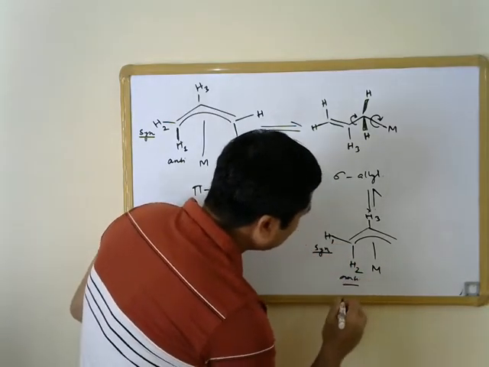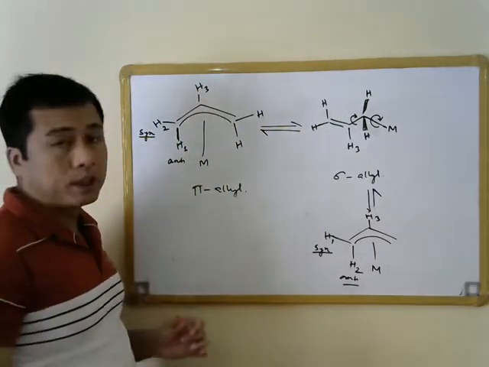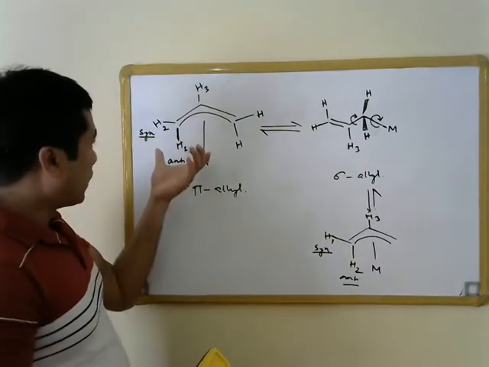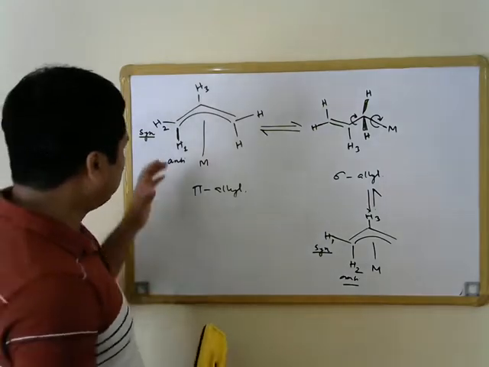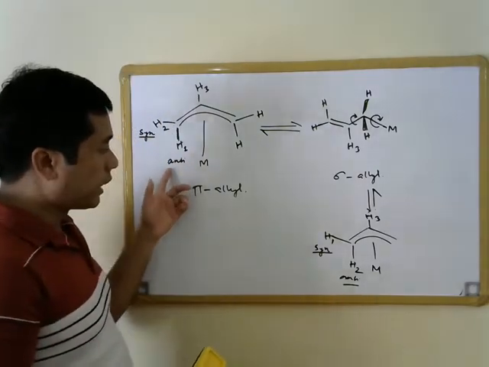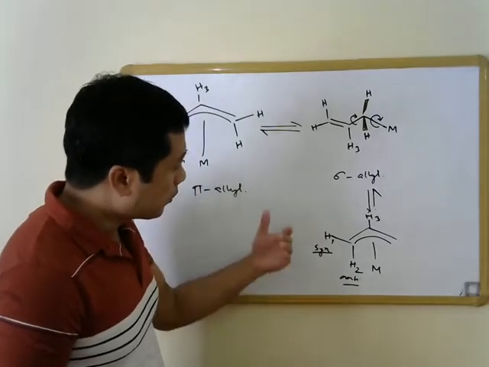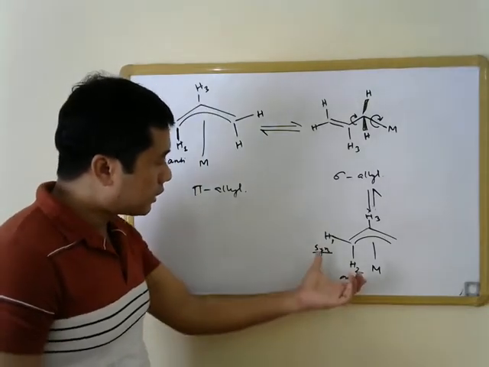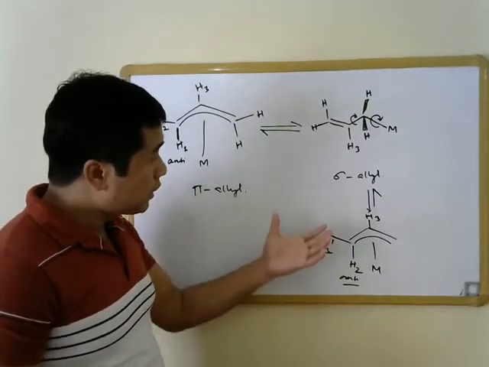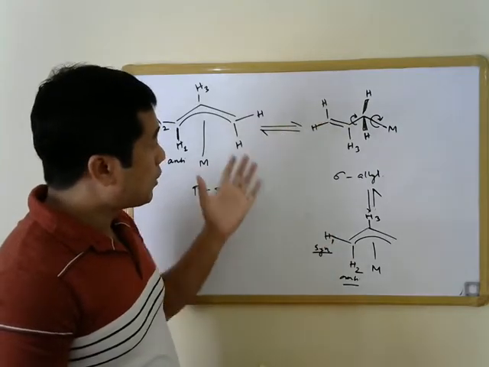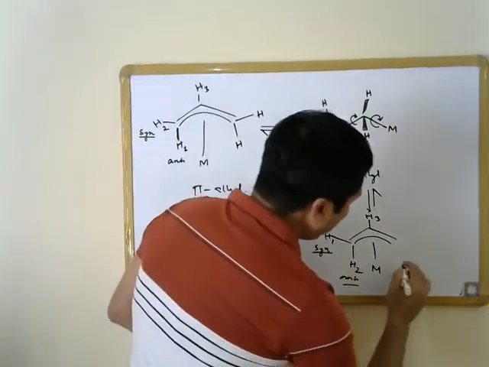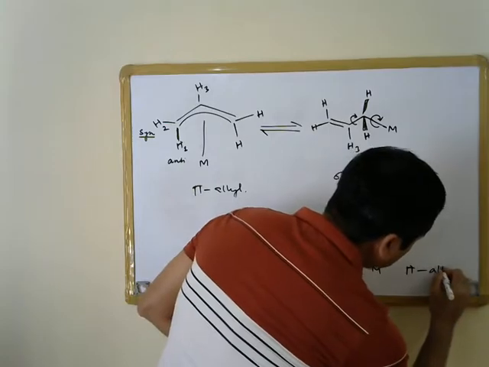This is opposite to what we have seen in the precursor, where H1 was in the anti position while H2 was in the syn position. The opposite is true here, that is, via this pi sigma pi rearrangement.